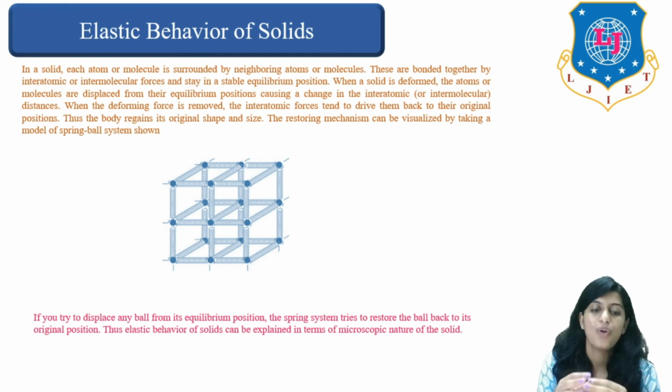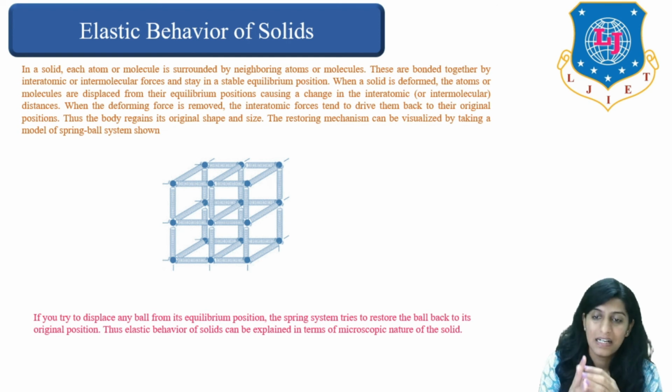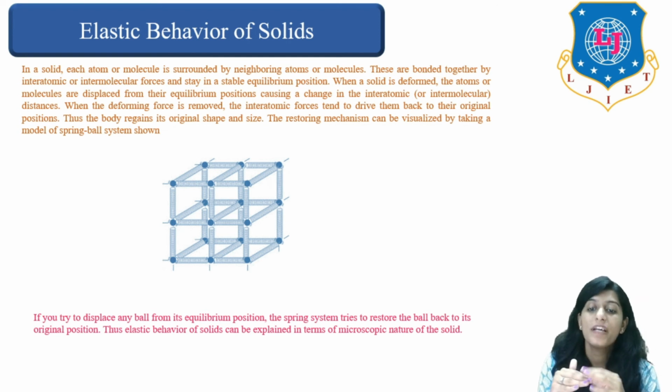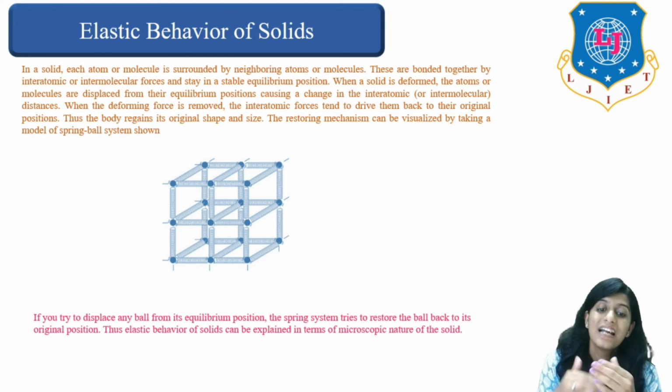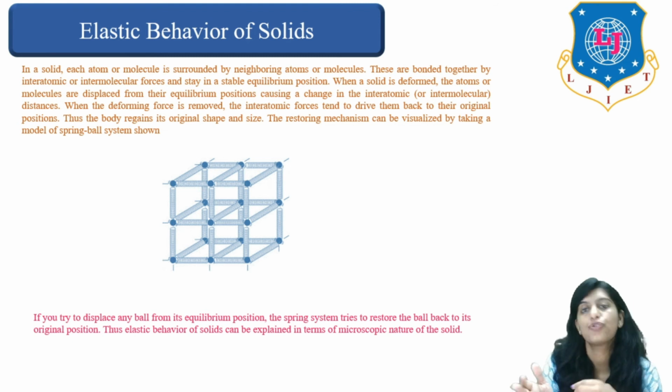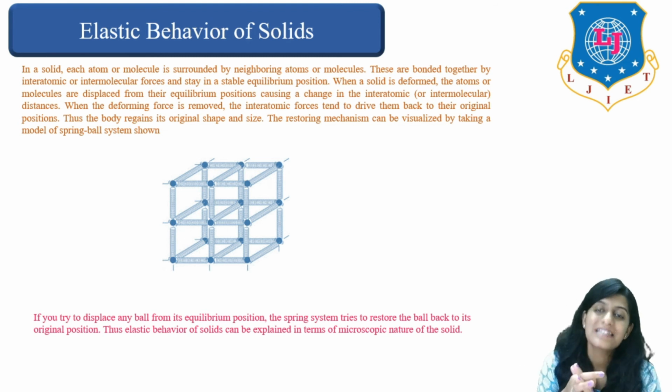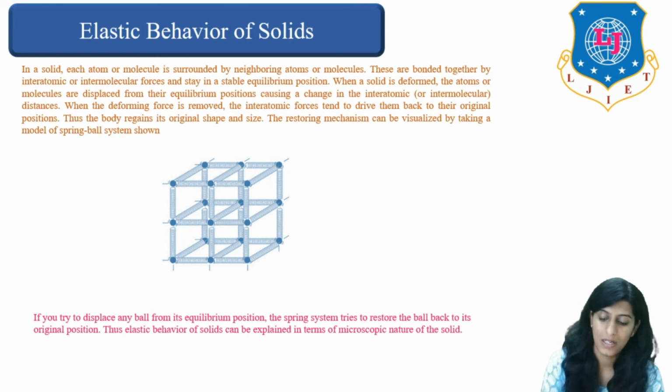But when a solid is deformed, the atoms or molecules are displaced from their equilibrium position, causing a change in interatomic forces and distance, right? And when the deforming force is removed, the interatomic forces tend to drive them back to the original shape or position. This is the elastic behavior of solids.